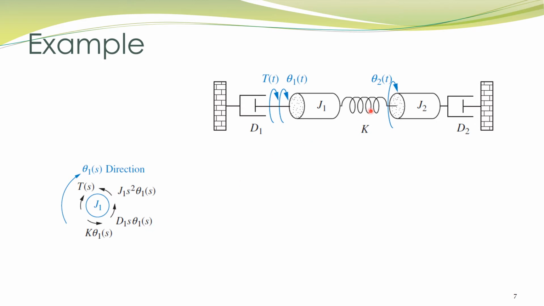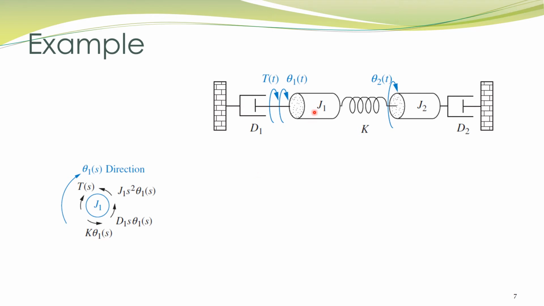This spring will also apply a torque which will oppose this direction, that is, it is in counterclockwise direction. Magnitude of this torque is K theta 1 of s.